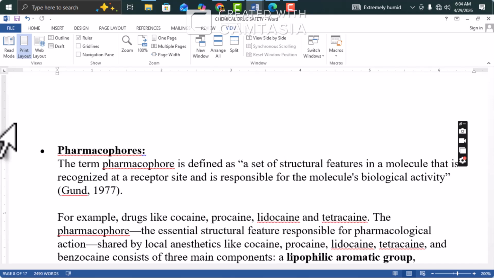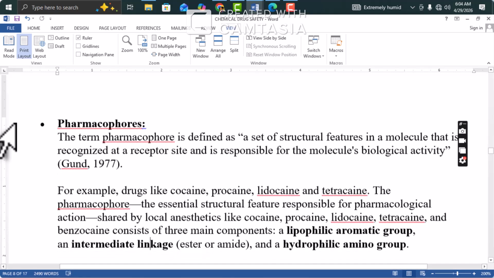I'll go over it again. Pharmacophore is defined as a set of structural features in a molecule that is recognized at a receptor site and is responsible for the molecule's biological activity. So that is what we call a pharmacophore.